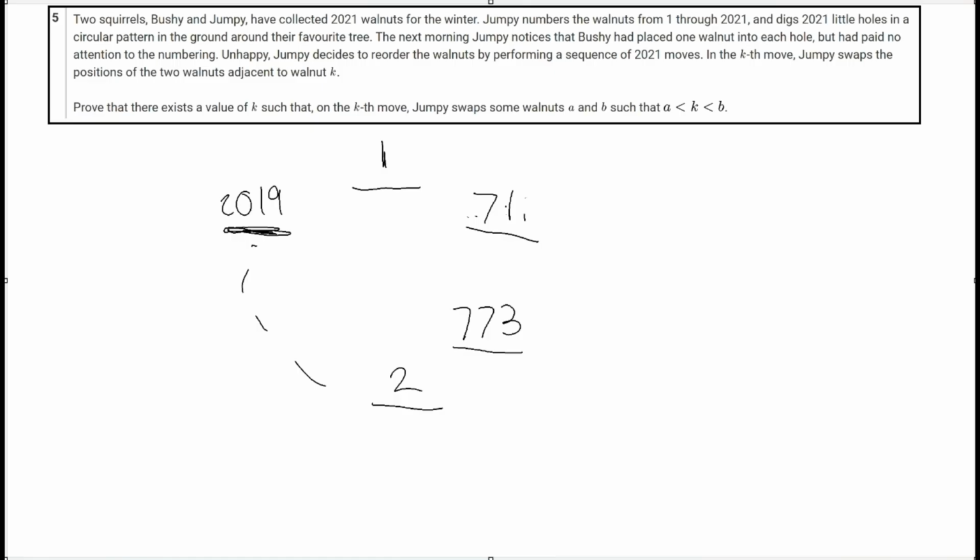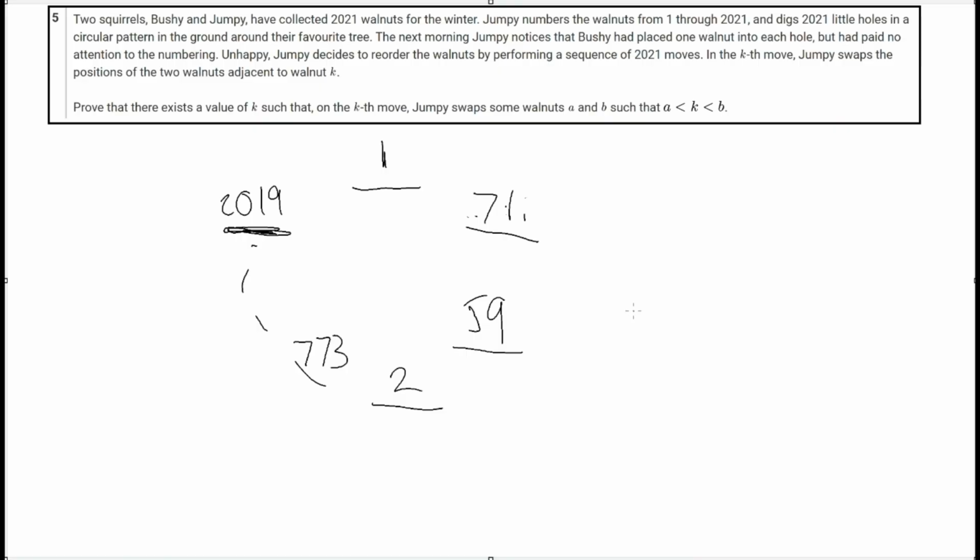Then for the k equals 2 case, we swap the 773 with whatever number is over here. So we go from 773 to whatever number is here. Let's suppose that number is like 59. Then this process continues, where we just do this for every single walnut.